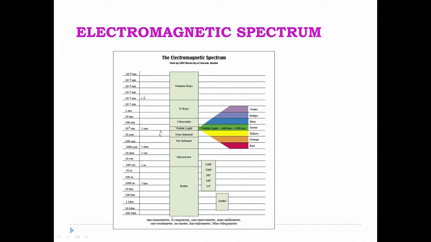So, the whole electromagnetic radiation can be classified as gamma rays, X-rays, ultraviolet rays, visible light, near infrared, far infrared, microwave and radio waves.